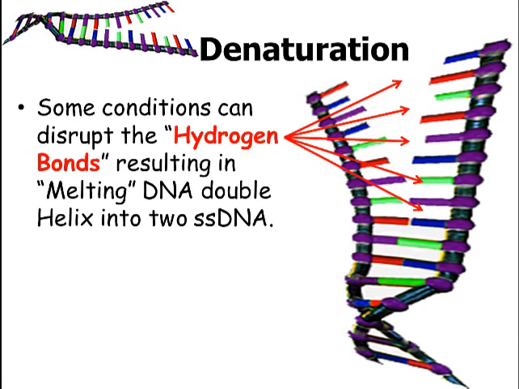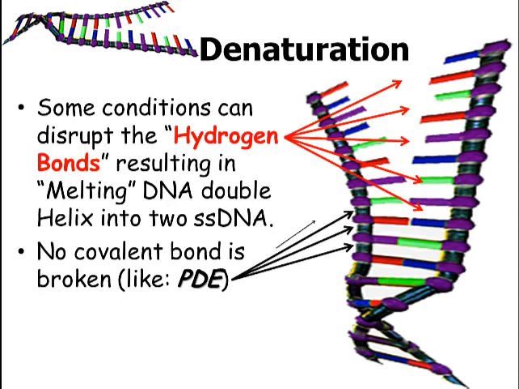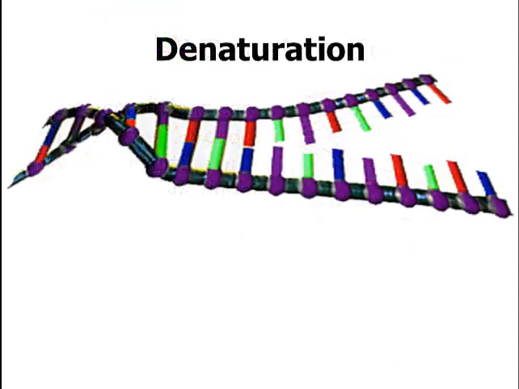You know that a hydrogen bond is a weak bond, particularly compared to the covalent bond in the backbone of DNA. I mean the phosphodiester bond, which is not affected in denaturation. The question that arises here is, under what conditions does DNA get denatured?